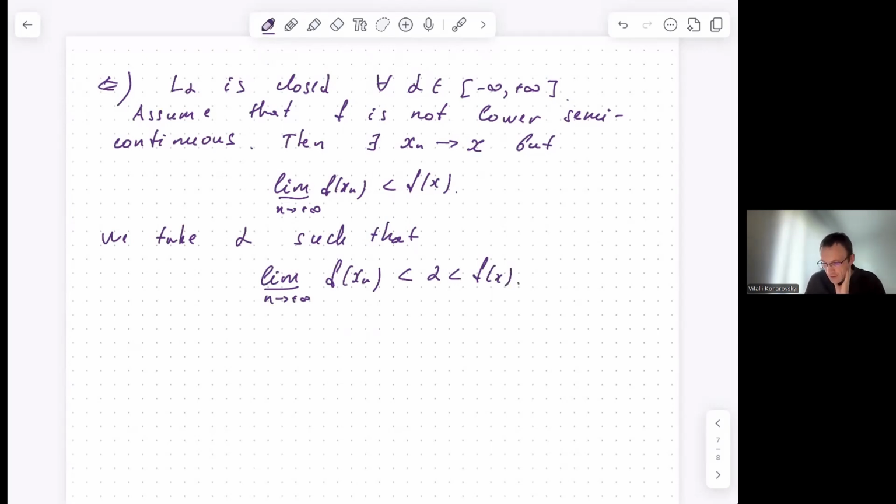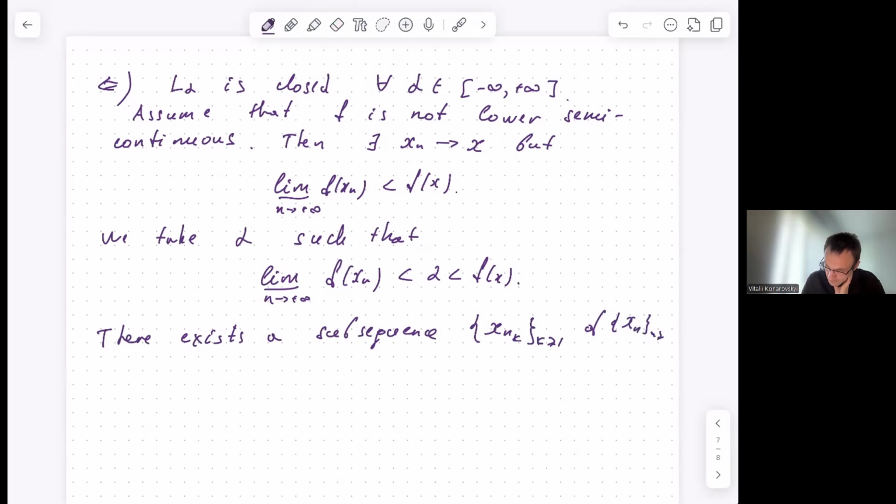And since the lower limit of that sequence is less than alpha, then by the definition of lower limit and the assumption that the lower limit is less than alpha, there exists a subsequence x_{n_k} of the sequence xn such that the limit of f of x_{n_k} is exactly the lower limit.